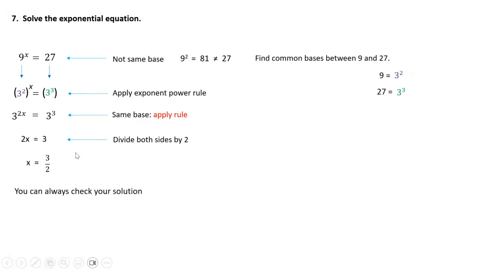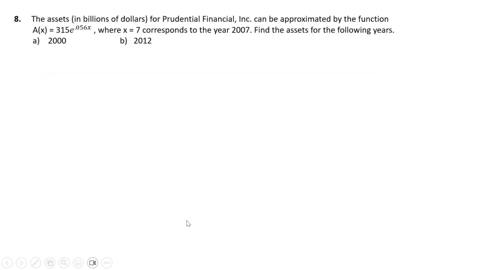Okay, now the good thing about these problems, guys, is that you can check your answer. How can we check it? I'm going to plug in 3 halves for the x's. If you put it in the calculator, it's going to give you 27. So I know that's my answer. So the answer is x equals 3 over 2.